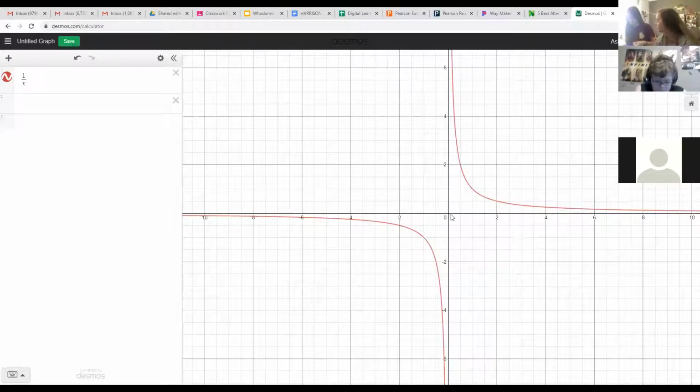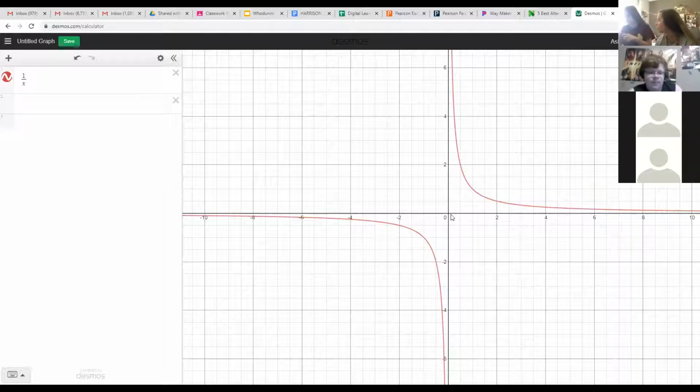Do they ever cross the origin? No. What's one thing we know about having a 0 in the denominator of a fraction? Can it happen? No, it cannot happen.